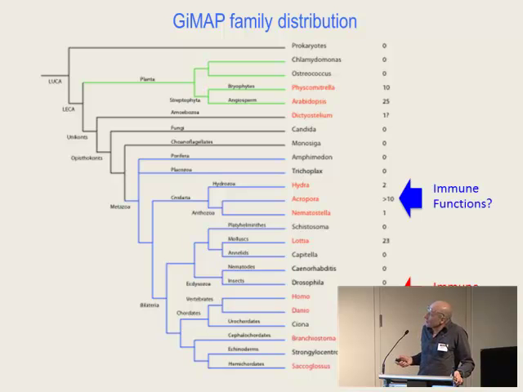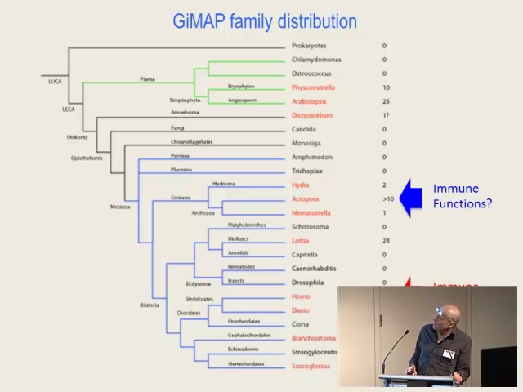But the genes are missing from most other higher animals. They're missing from Drosophila, Caenorhabditis, and many other animals. Intriguingly, these genes turn out to be present in higher plants, and some of them have been implicated in immunity in plants.